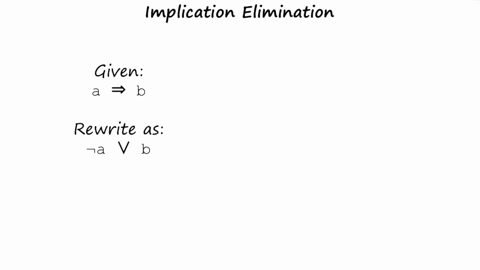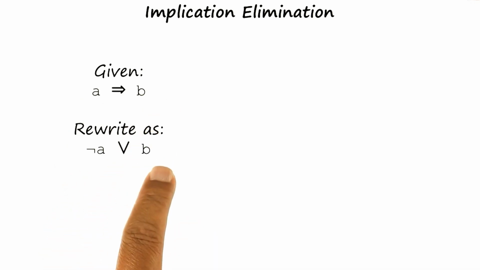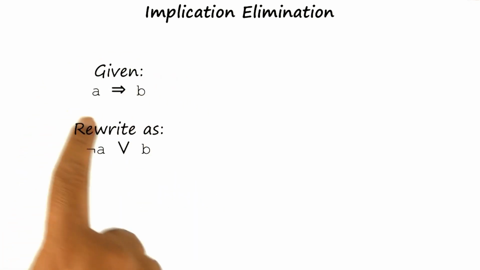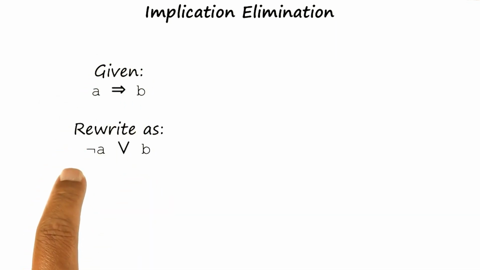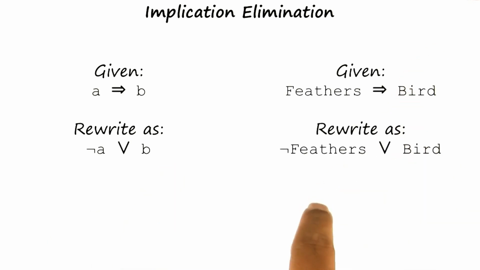As we go ahead and start applying rules of inference to sentences in a knowledge base, we'll find it convenient to rewrite these sentences. And sometimes it will be very useful to rewrite them in a manner that eliminates the implications in a sentence. And this is how we can eliminate the implication. If A implies B, then we can rewrite it as not A or B. We know this because the truth value of A implies B is exactly the same as the truth value of not A or B. We can take an example here.